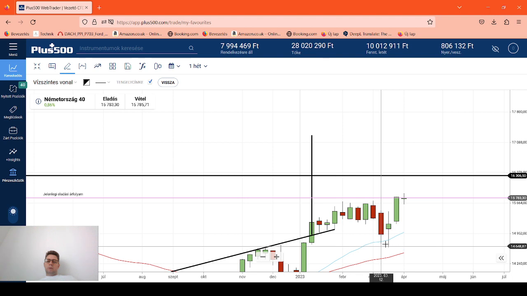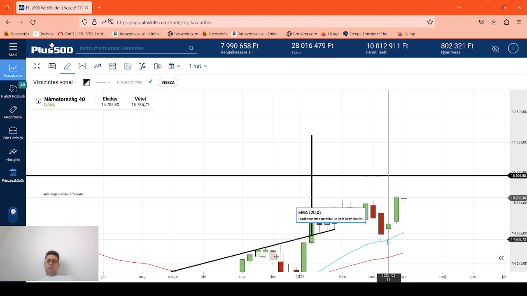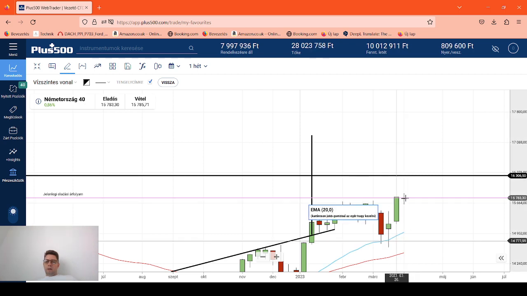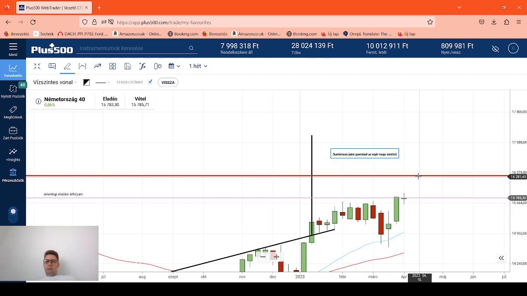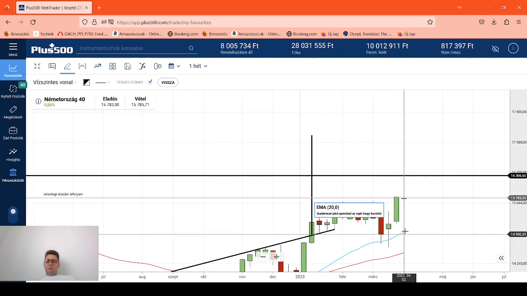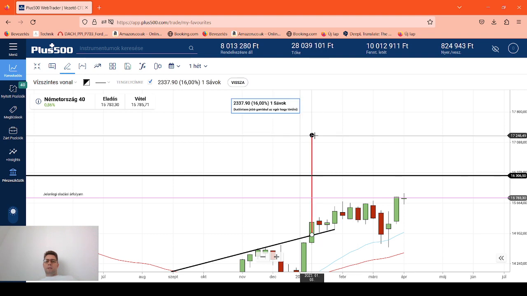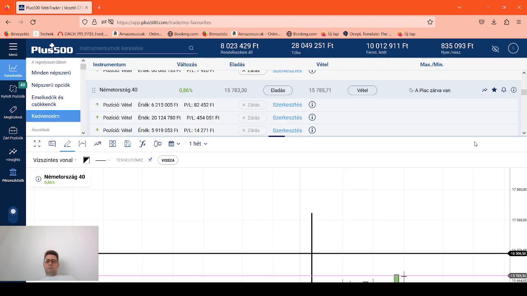We came back down to hit the 20 EMA on the weekly. Of course, this was to be expected. We are way above there. We might hit that all-time high and come back down to hit the 20 EMA and then continue our way, but my eventual price target is 17,250, and I do think we will reach that.